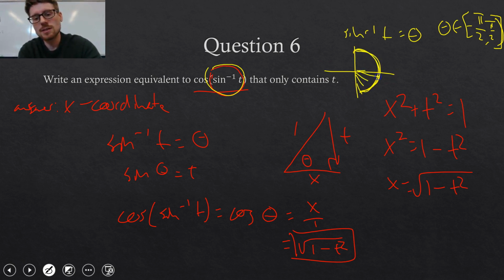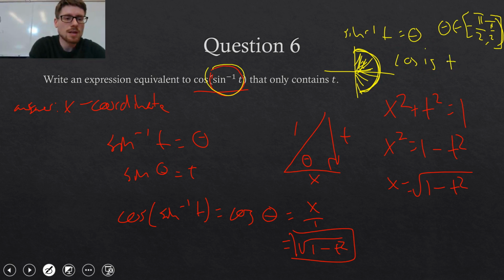In all of these instances, cosine is positive. So no matter what t you plug in, sine inverse is going to give you an angle that's somewhere in the right half plane, where cosine is positive. Hence, the positive square root is the one we want.